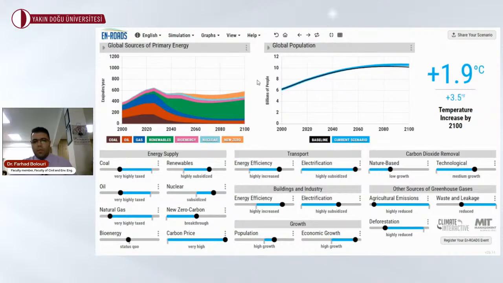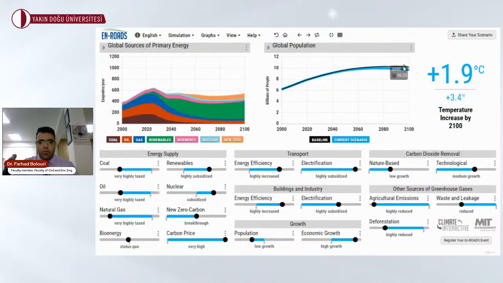For example, this one is about your global population. It says by 2100 we will come to around 10 or 10.2 billion people. You can increase it. For example, you say no, as I read in the reports and the other things, it comes to, for example, 11 billion, or you can decrease it.